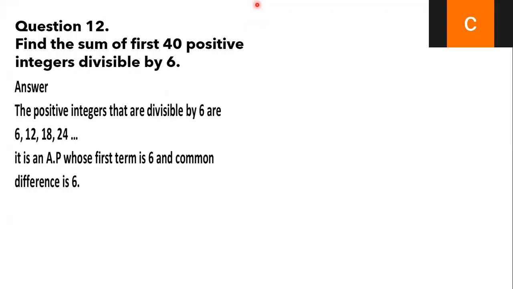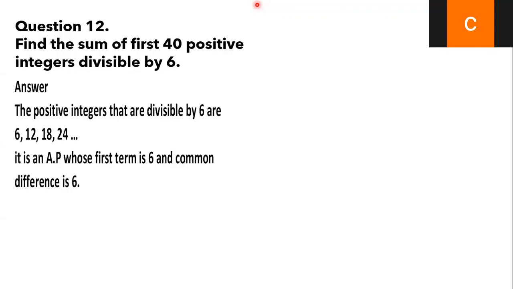Apply these values in the Sn formula. Sum of first 40 terms. S40 is equal to N by 2 into 2A plus N minus 1 into D. Ma'am, 4,920. Correct.